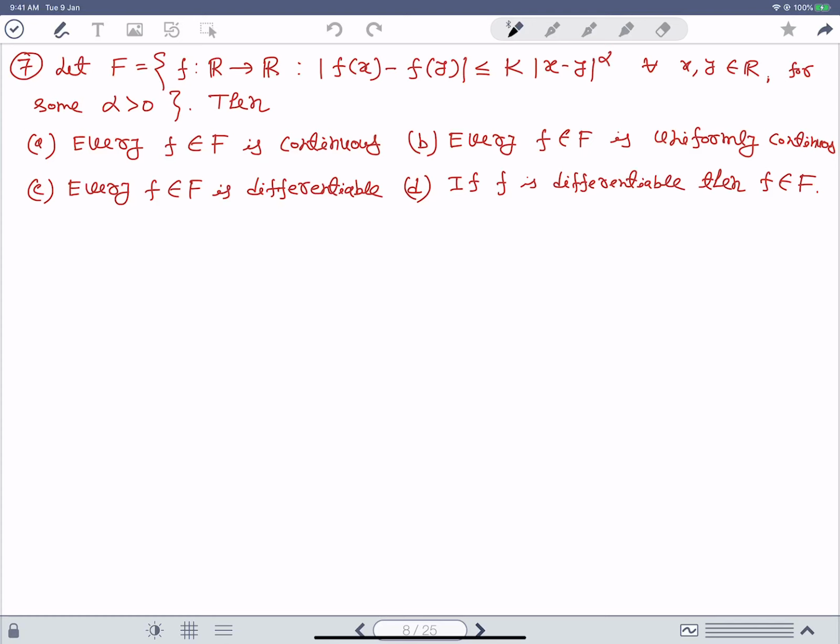Then we have the following problems. It says that every function of this kind is continuous, every function is uniformly continuous, every function is differentiable, and if something is differentiable, then it will also be in F.